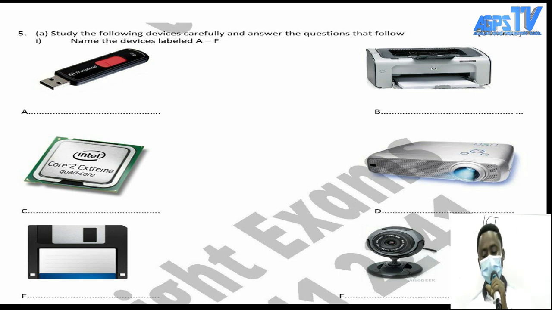This means that the computer can perform its normal functions without the peripheral. So when you attach a peripheral to the computer, it enables it to perform an extra function. So let's take a look at these devices, their names, and their uses.